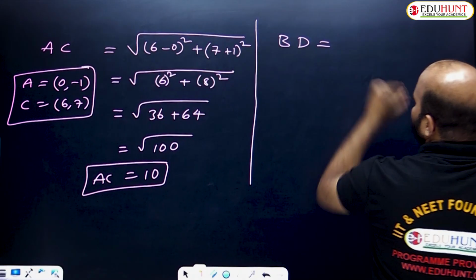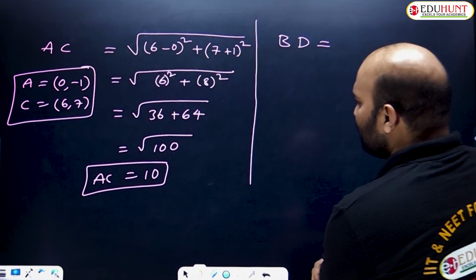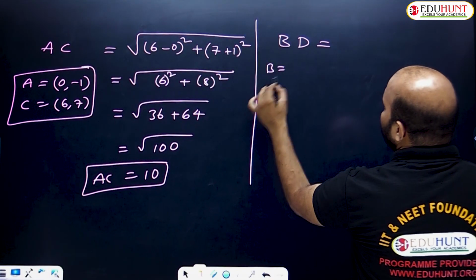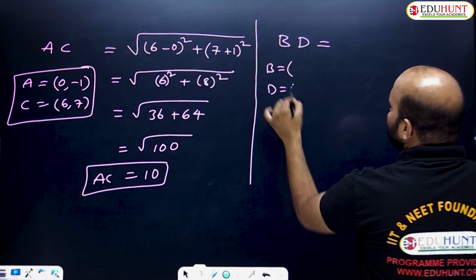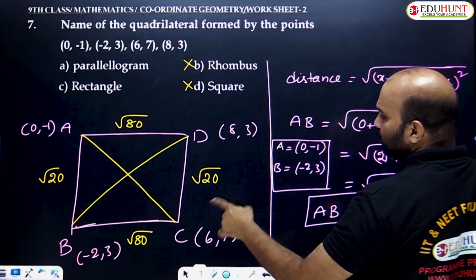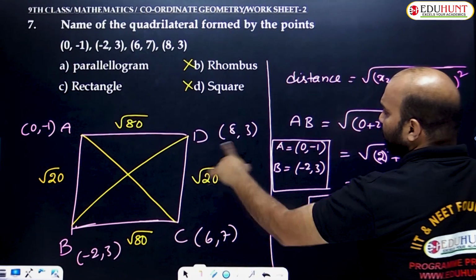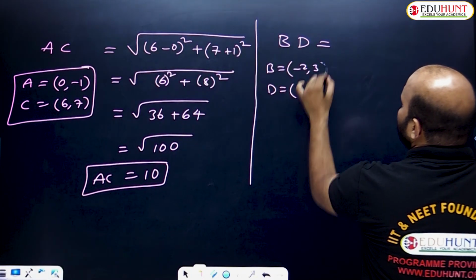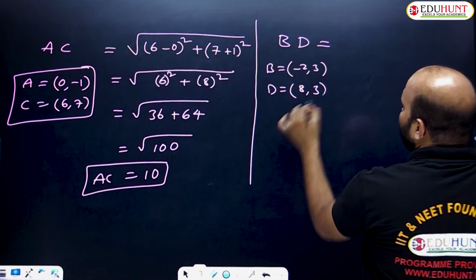And similarly we have to find the BD distance also. BD is also a diagonal. So AC, one of the diagonals, equals 10, and now we have to find BD. What are the B coordinates? B coordinates are minus 2 comma 3 and D coordinates are 8 comma 3. Am I clear?